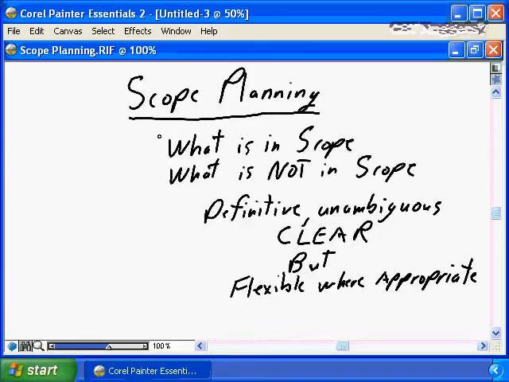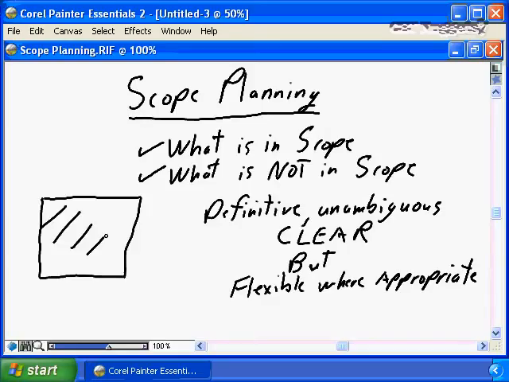It's defining what is in the scope, what is the project responsible for, what must the project complete to be successful, and as important, and sometimes more importantly, it's defining what is not in scope. It's defining a box with a crooked side, and everything inside that box is in scope.